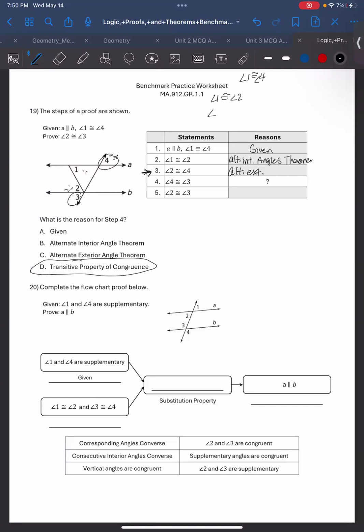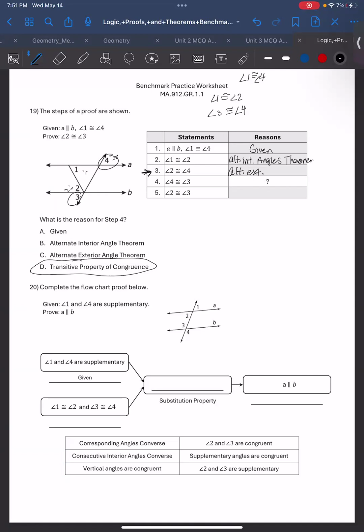We have to connect 3, so angle 3 is congruent to angle 4 because they are alternate exterior angles. Then I can say that if angle 1 is congruent to 2 and 1 is congruent to 4, then 3 is congruent to 4 because they're all the same. Did that make sense? And somewhere I'm connecting these dots.